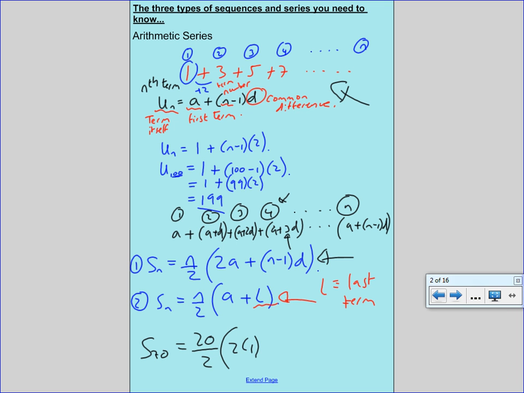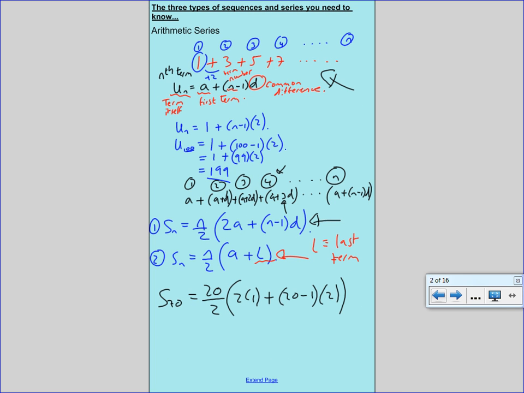So 2 times 1 plus, I'm looking for the 20 minus 1, because it's n minus 1, times my common difference d, which is 2. So this is 10 times (2 plus 19 times 2, which is 38), which is 10 times 40, so that's 400. Okay, so if I added the first 20 terms of this series together, I would get 400.